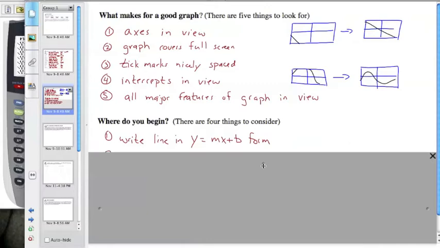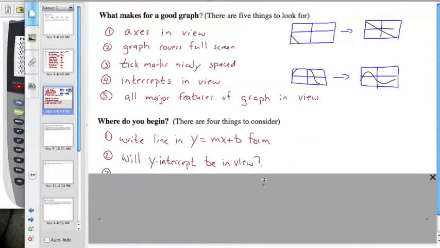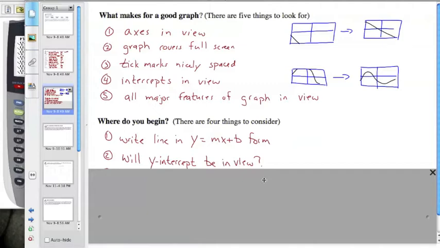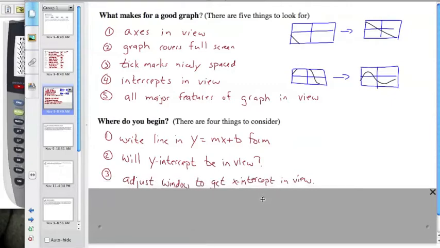The next thing you want to consider is, will the y-intercept be in view? Will I be able to see where this thing crosses the y-axis? Once we have the y-intercept in view, we want to change the window so that we also get the x-intercept in view. So these aren't completely unrelated to what we talked about above. These things relate to what makes a good graph up there.